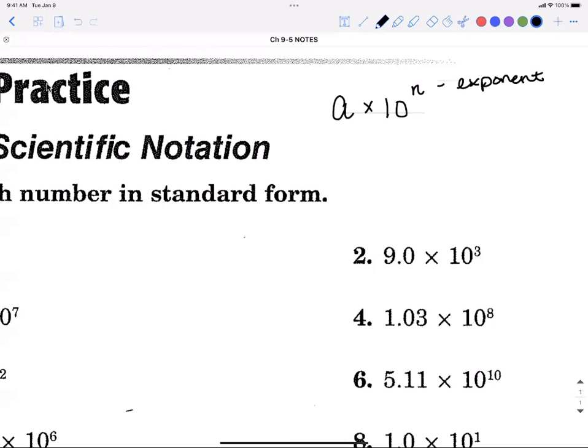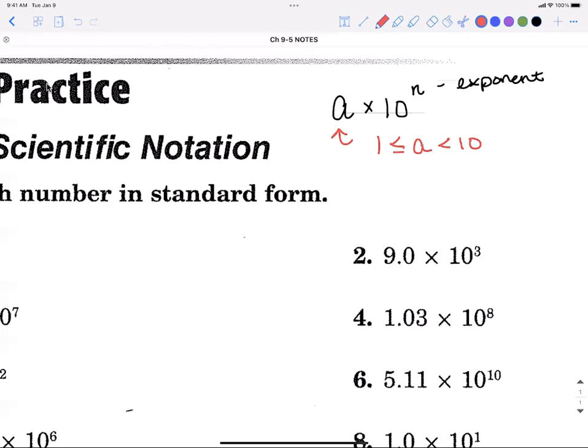But the main rule that you have to know is about A. This is what's going to make you get the right answer or the wrong answer. A has to be, and we'll talk through what it means in just a minute, greater than or equal to 1, and A has to be less than 10.